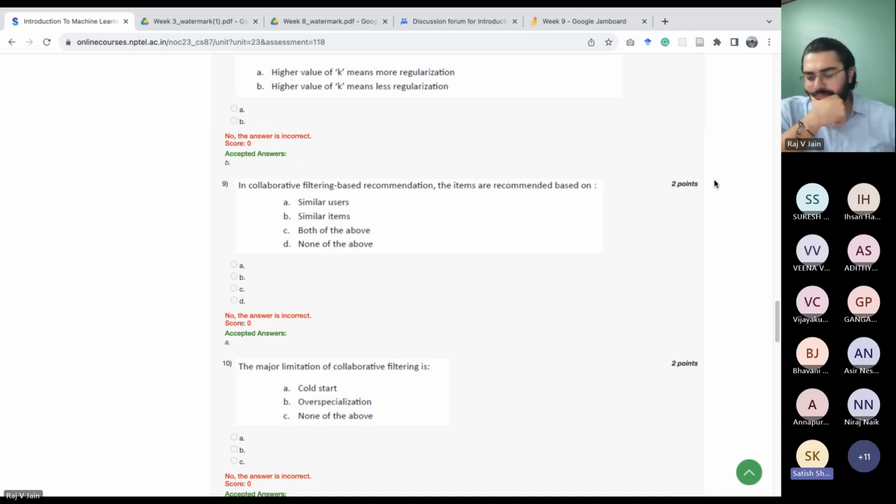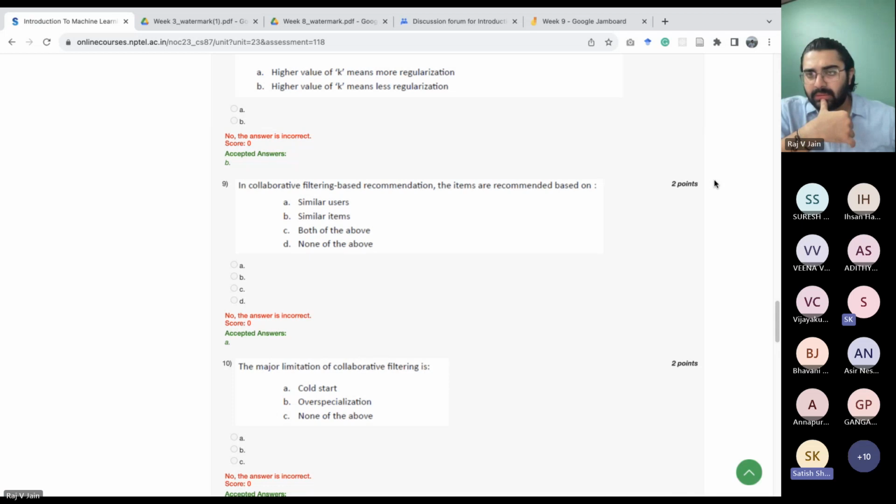We compare the ratings of the similar item: the user goes to one item, and we see how other people rated the same item, and with that average value we buy it. Then it is not content-based filtering. It's collaborative filtering only, because we don't see the content. So hence it's collaborative filtering, not a content-based recommendation.